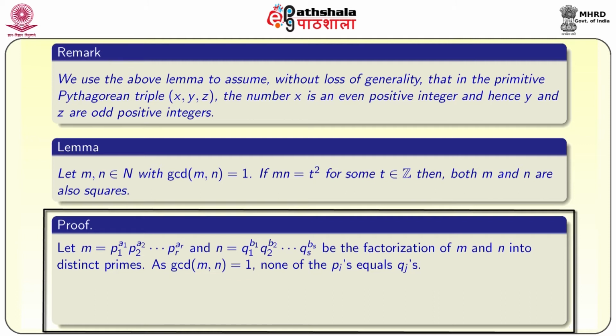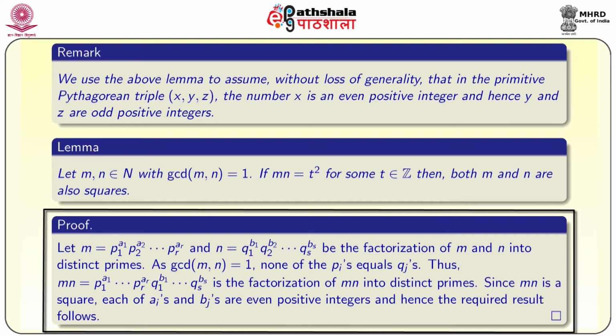So none of the p_i's are equal to the q_j's. So m times n is p1 power a1 and so on, pr power ar, q1 power b1 and so on, qs power bs, which is the factorization of mn into distinct primes. Since mn is a square, each of the a_i's and b_j's are even positive integers, hence m and n are also squares.